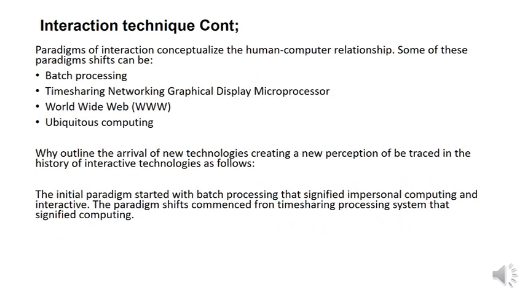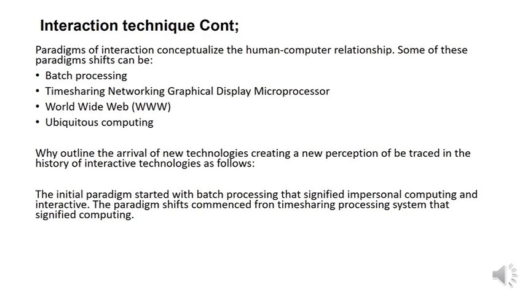So, paradigm of interaction conceptualizes the human-computer relationship. Some of these paradigm shifts are batch processing, time sharing, which we said was also discussed in other courses, networked graphic display, microprocessor, World Wide Web, then ubiquitous computing.